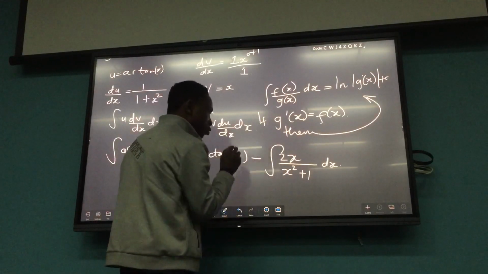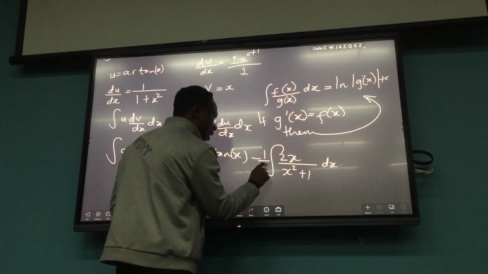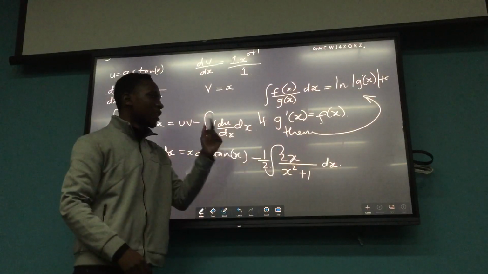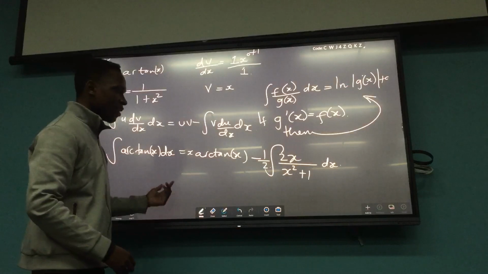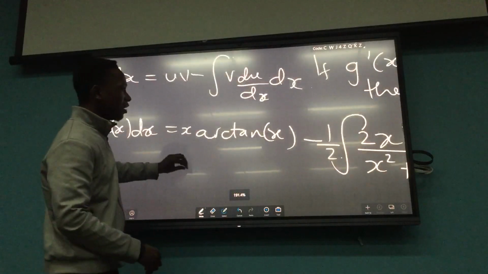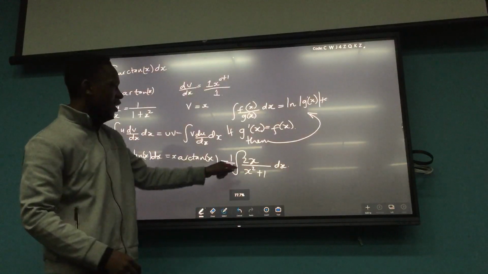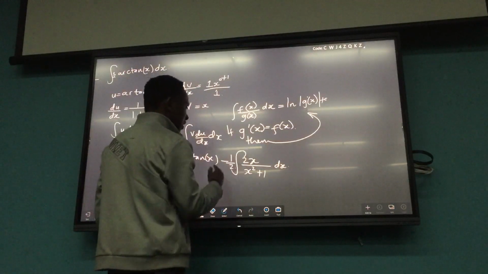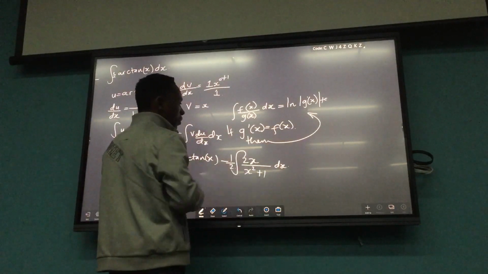So if we put a 2 there, we'll also cancel it out by multiplying by 1/2. Half of 2 is just 1, so you haven't changed anything. So that's just going to give you half of 2x, which is just x over x squared plus 1.